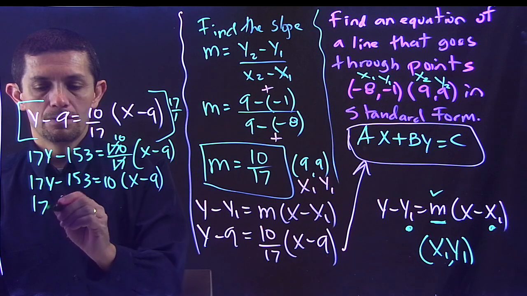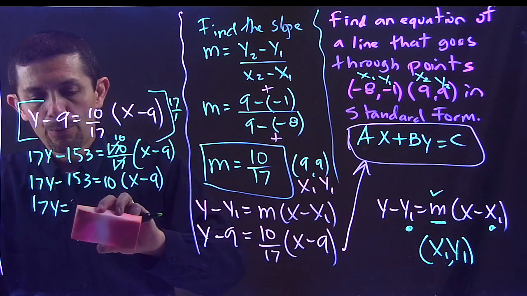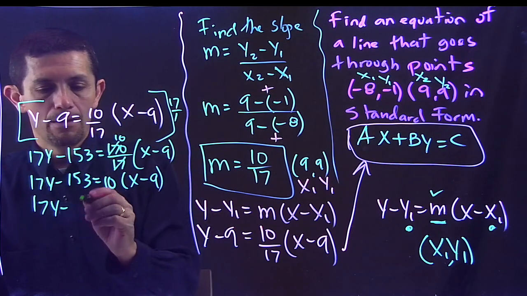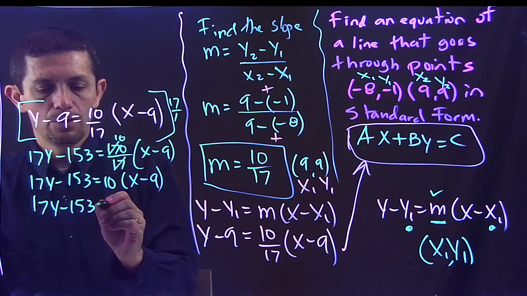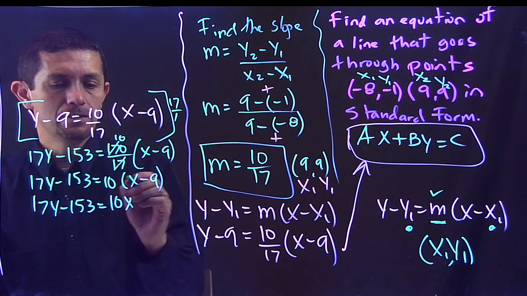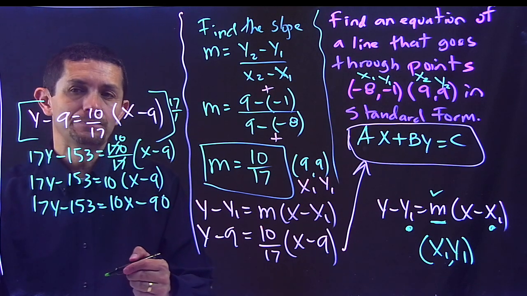Distribute: 17y minus 153 equals 10 times x, and then 10 times negative 9. All right, looks better now, right?